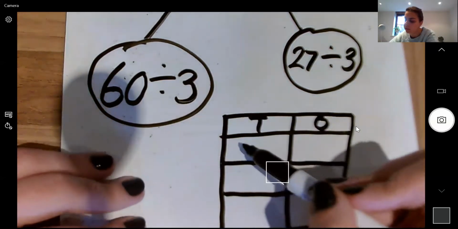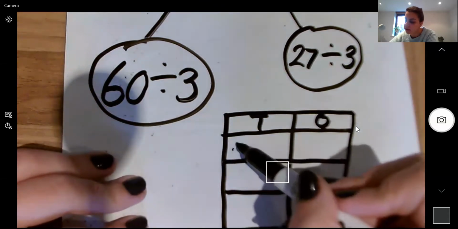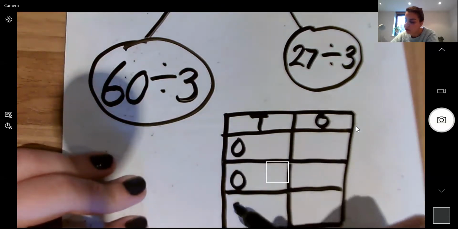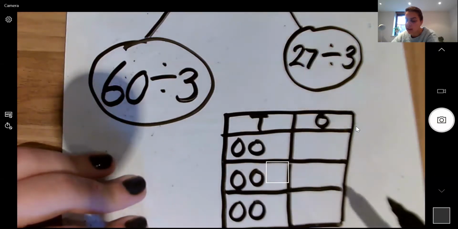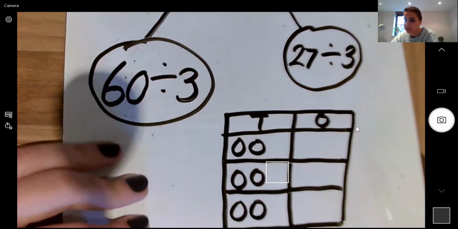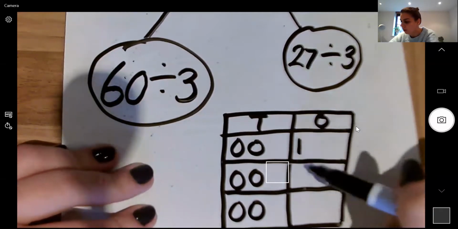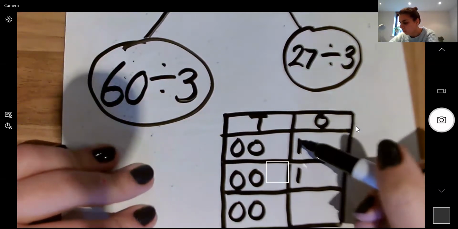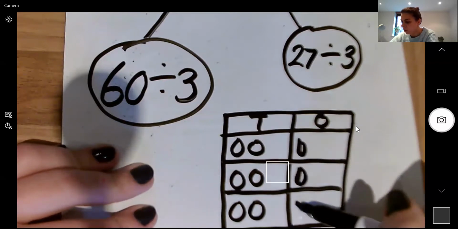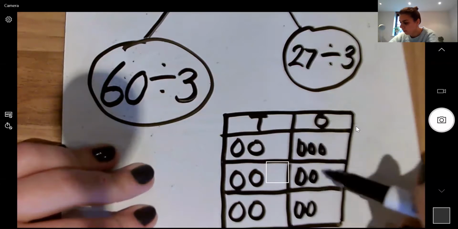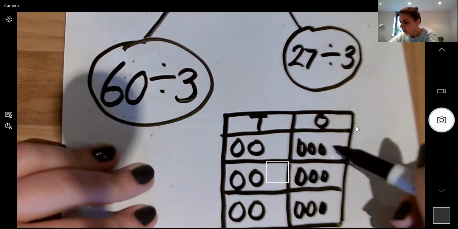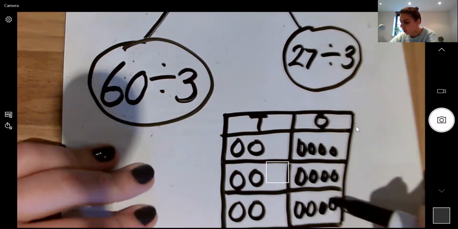Okay, let's have a look. So I'm going to split up my 6 10s first. 1, 2, 3, 4, 5, 6. Then I've got 27 ones. Let's have a go. Let's do it in circles. 1, 2, 3, 4, 5, 6, 7, 8, 9, 10, 11, 12.